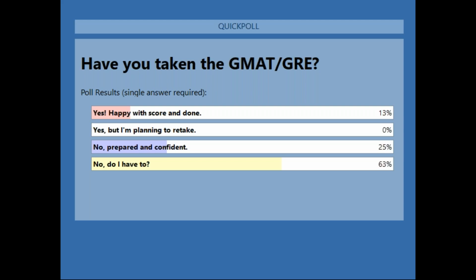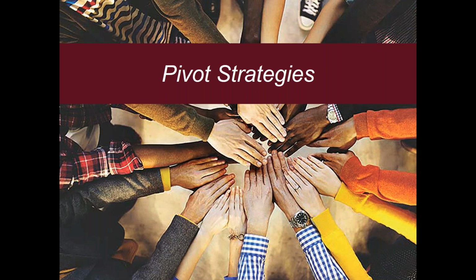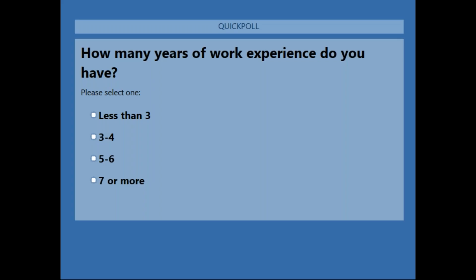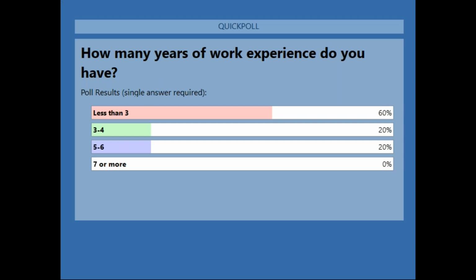All right, I think we've got one more. Our last one is how many years of work experience do you have? As we were talking about the different types of programs, just trying to gauge here. So it looks like we've got about 60% less than 3 years, and then the balance more than that.